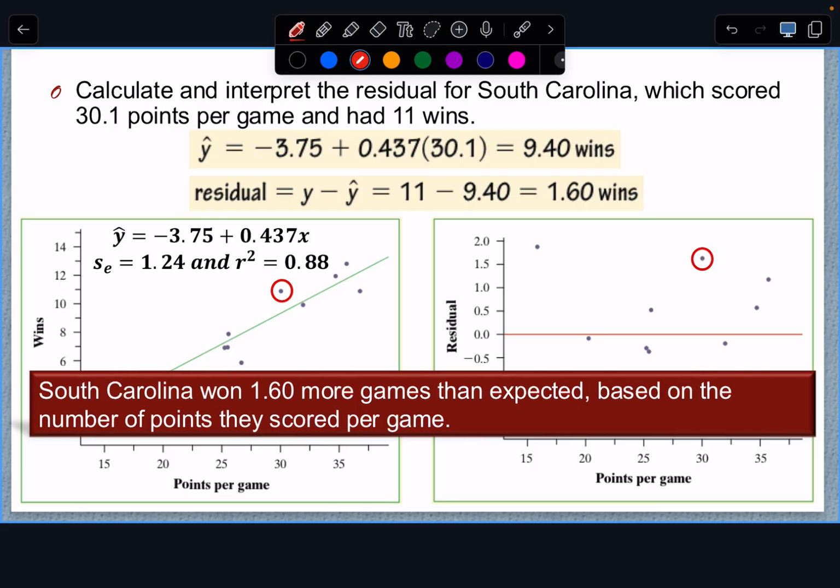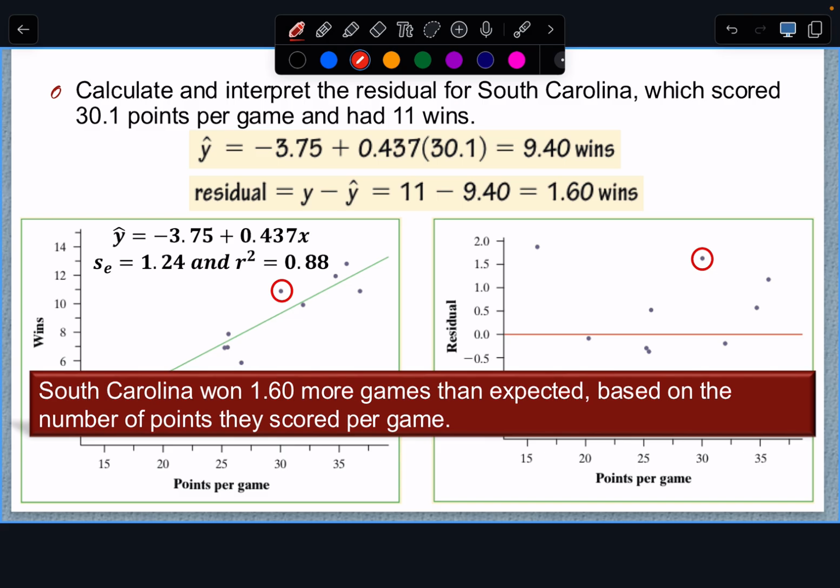So when we take the actual number of wins minus the predicted number of wins, we see that South Carolina won 1.6 more games than expected based on how many points they scored. So this is what the interpretation for a residual would look like.